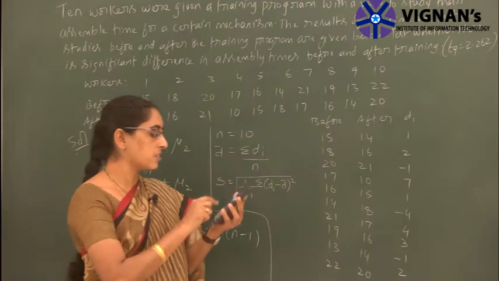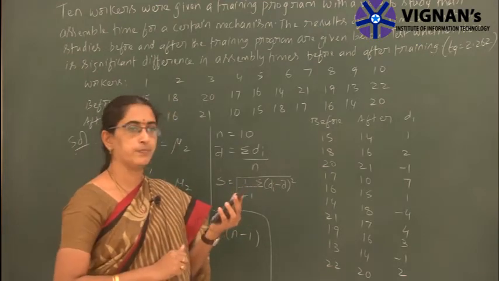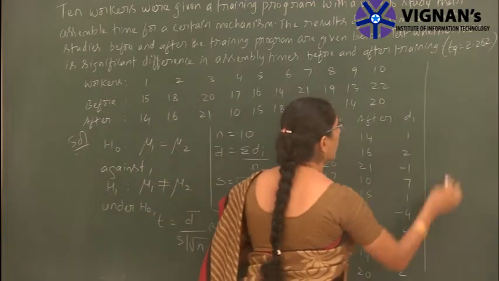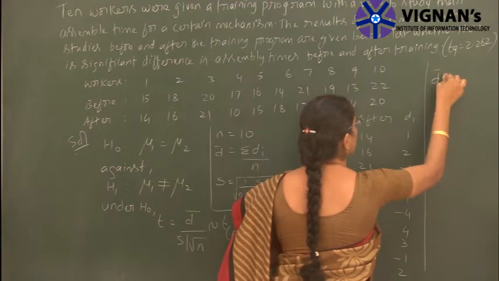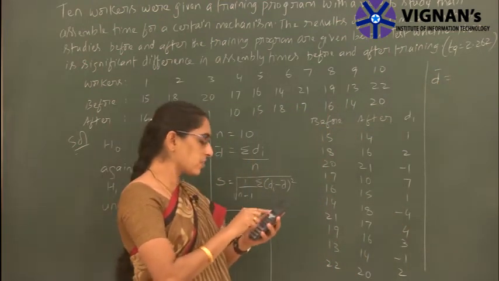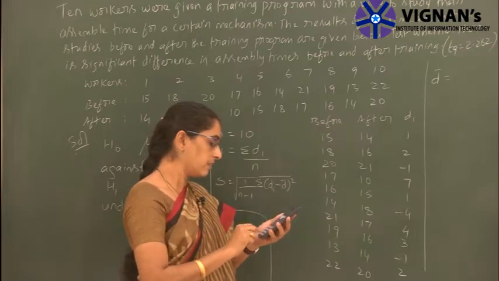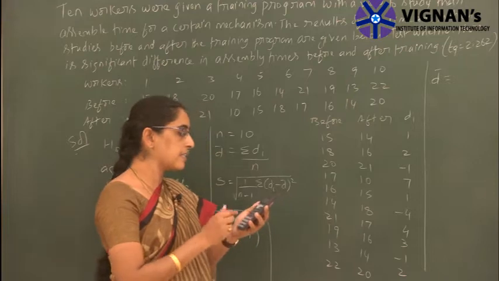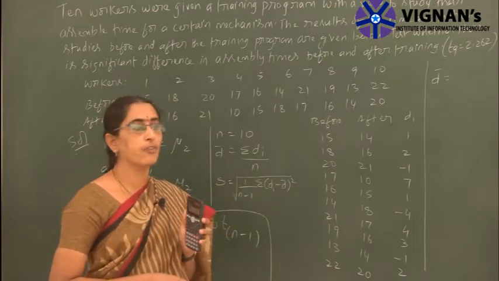Next press shift 2. Now we know the formula for d bar is summation di by n. If you press shift 1, summation x, which here is summation d, is given as 14.